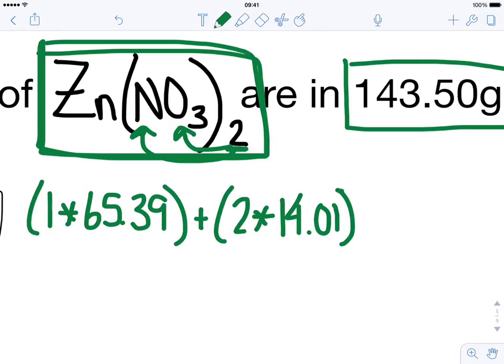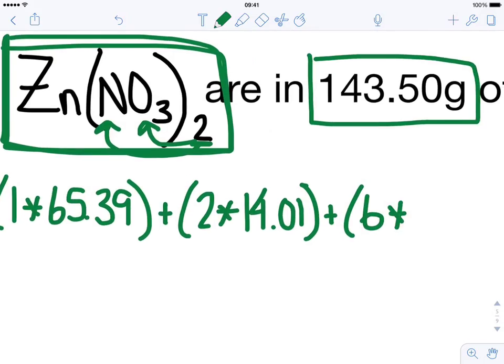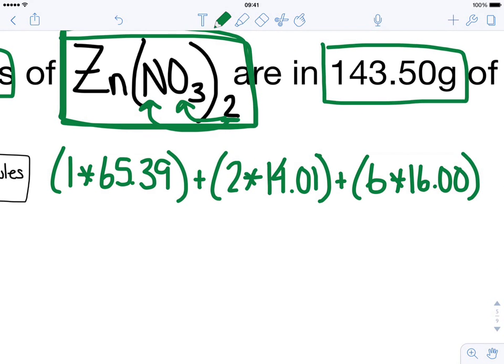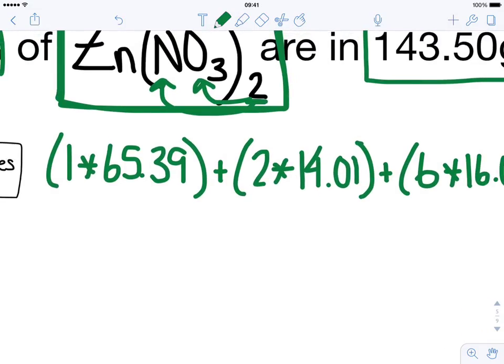And finally, we're going to add that to the last element, which is oxygen. How many oxygens do we have? We have 6 oxygens, not 3, because remember, this 2 distributes. So we have 6 oxygens times the molar mass of oxygen, which is 16.00. Now, if you put this into your calculator, the number you should come up with is 189.41.